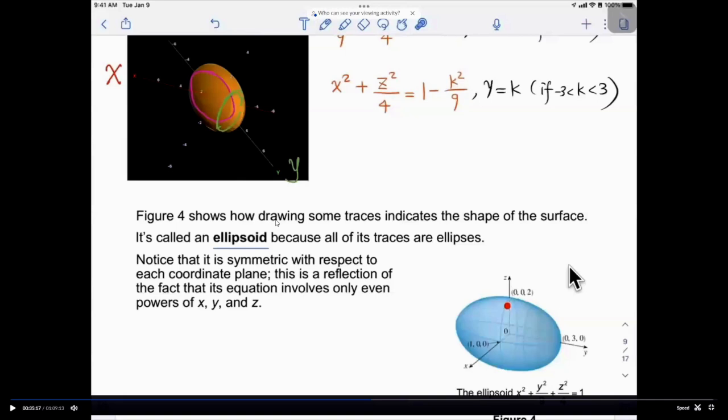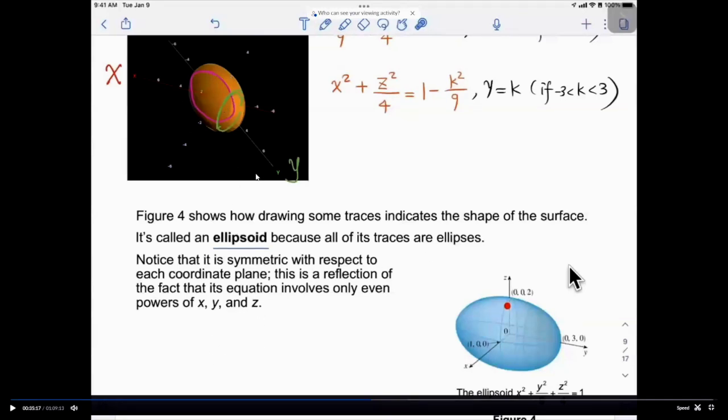So this can actually help you to see the shape of the surface. Now, what do you call this surface here? It is called an ellipsoid, kind of like those pills that you take. All of the traces are ellipses, so it's called an ellipsoid.